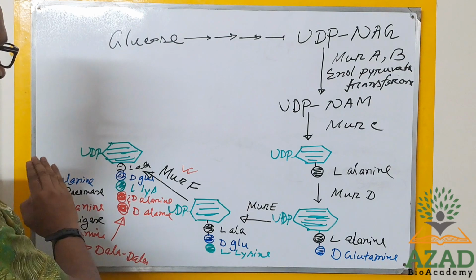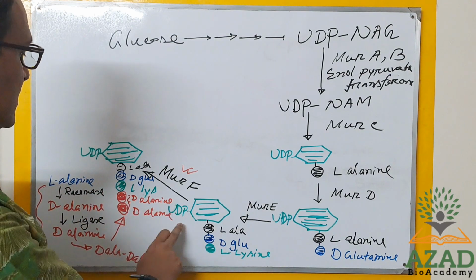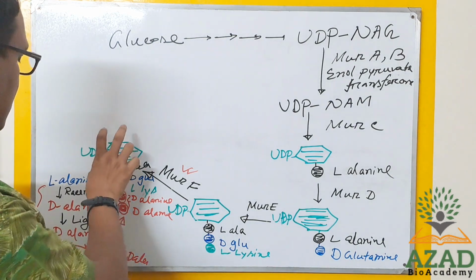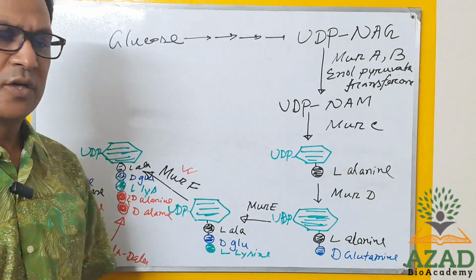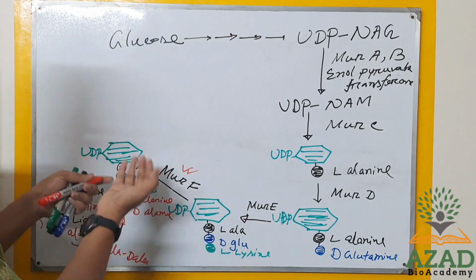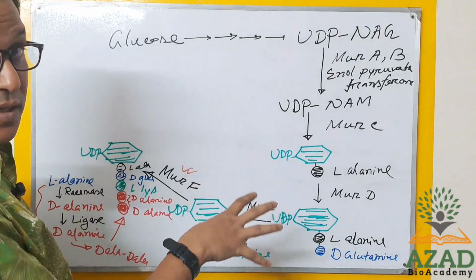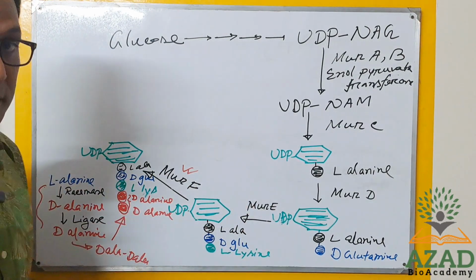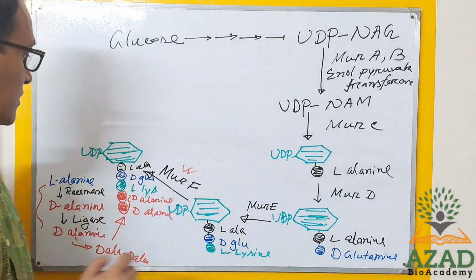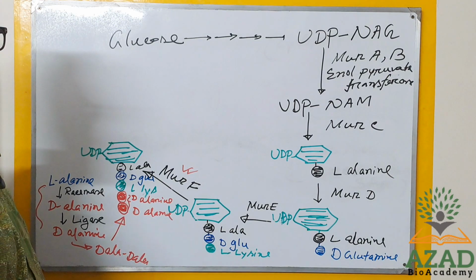So L-alanine, D-glutamine, L-lysine, then the D-alanine, D-alanine dimer. It's just carrying a pentapeptide. Some species of bacteria can carry 4 amino acids, 3 amino acids, but in most of the cases pentapeptides are more common.